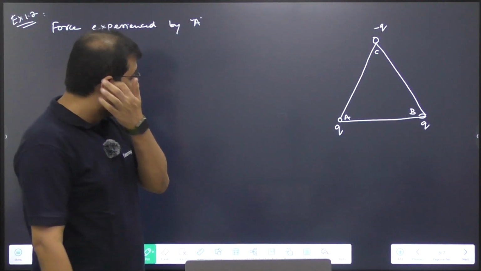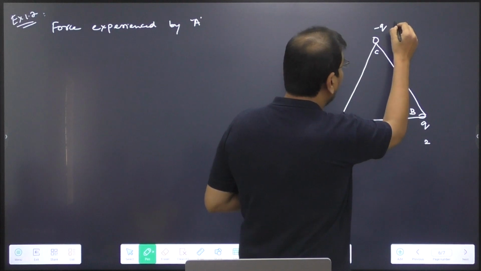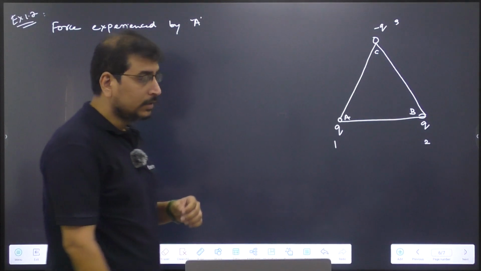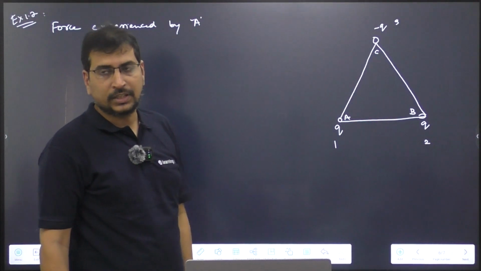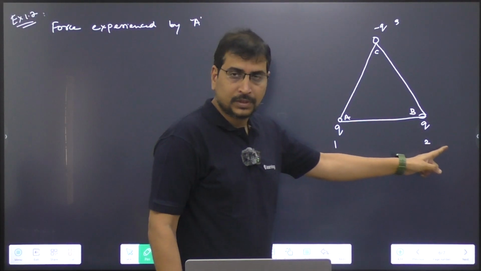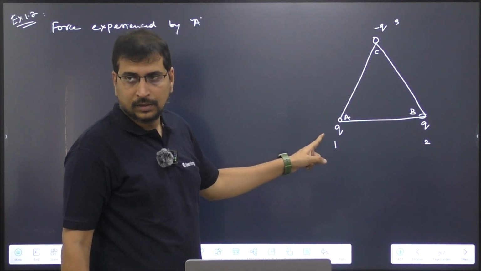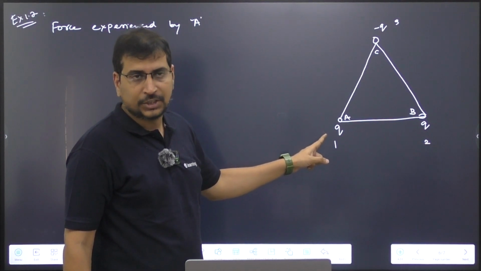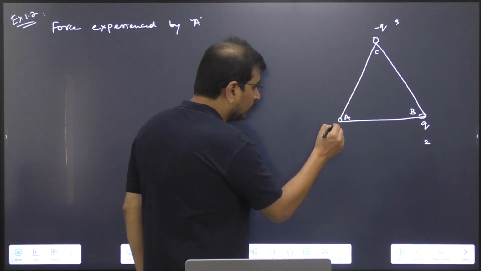Simple, right? So if I start giving a number to it, 1, 2 and 3, the charge at A due to B will experience a force in which direction? Both are positive. So this will experience a repulsive force in which direction? In the leftward direction, right?